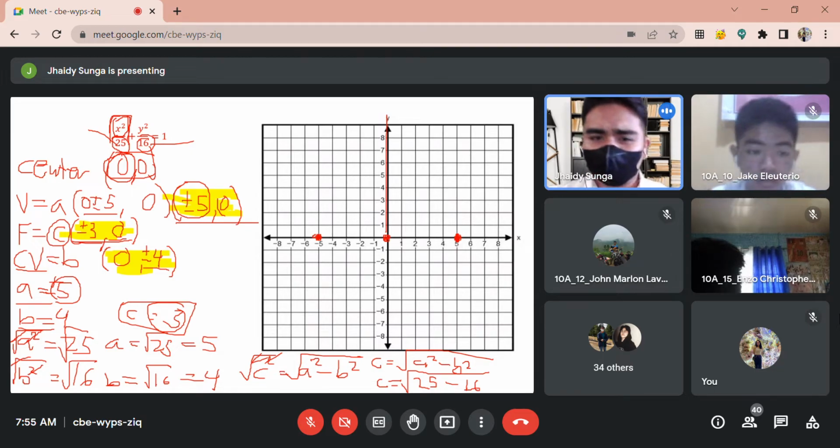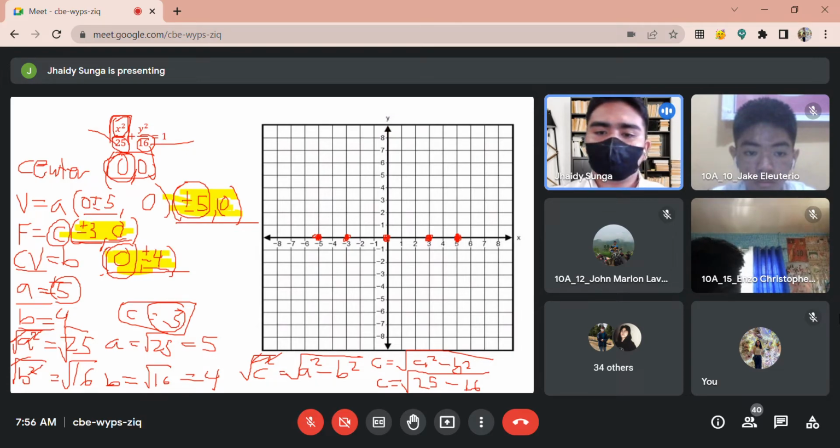So positive 3, then 0. This is your focus. Alright, how about the co-vertices? You have 0 and positive and negative 4. So your x-intercept is 0. Coming from your 0, you're not going to leave that 0 on your x-axis.